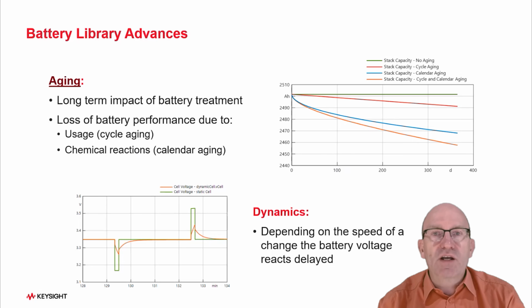So if you run through a charging cycle, you will see that with these mechanisms, the open circuit voltage will not follow as quickly as you charge the battery. And even if you stop charging, you will see that there is a certain relaxation effect. This is what is shown here in a discharging and charging cycle.